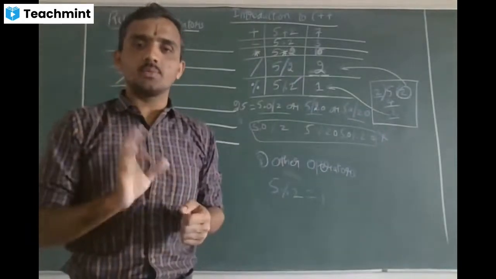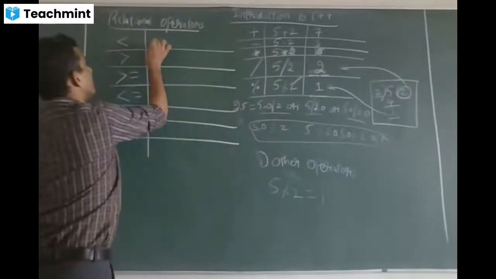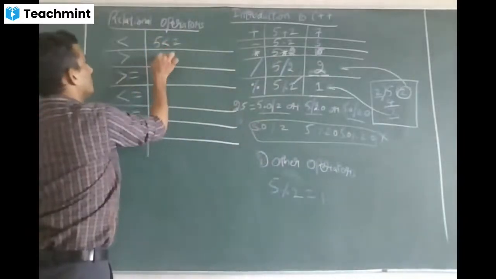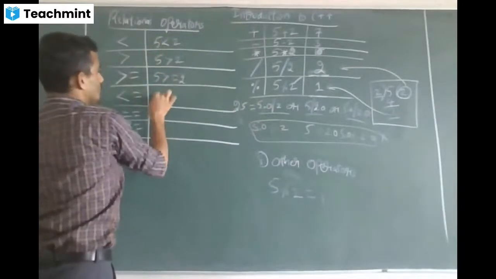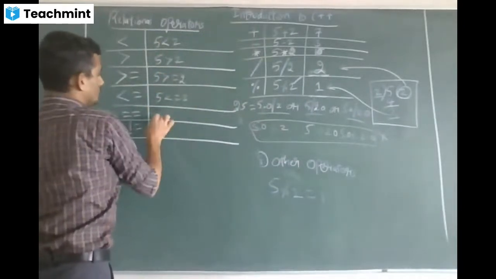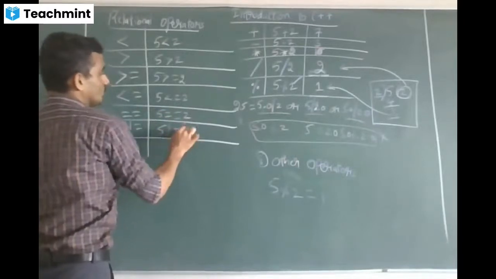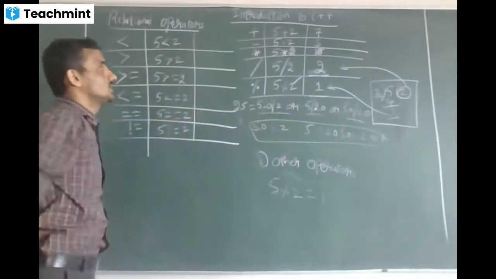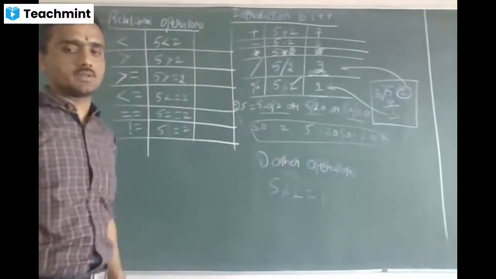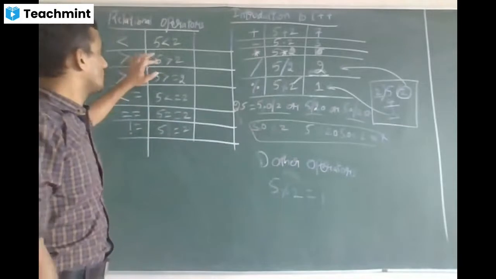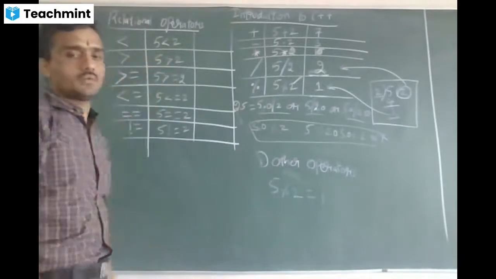When I write the example, you will understand. Taking the same numbers, we can consider: 5 less than 2, 5 greater than 2, 5 greater than or equals to 2, 5 less than or equals to 2, 5 equals to 2, and 5 not equals to 2.